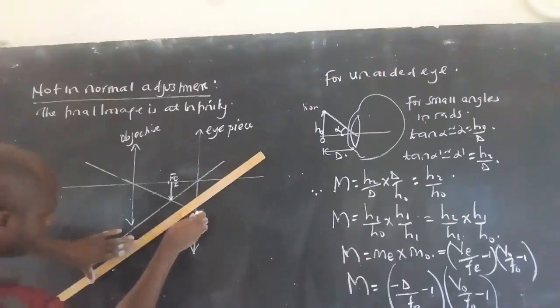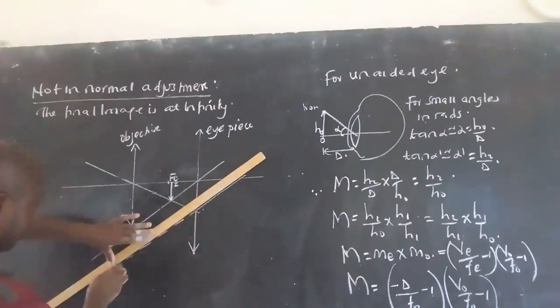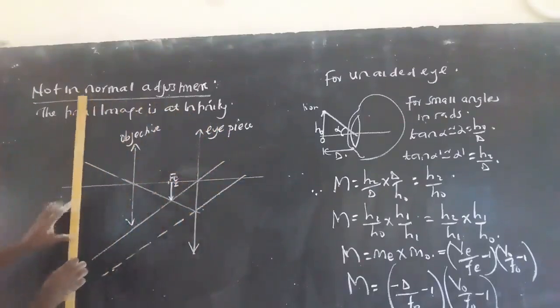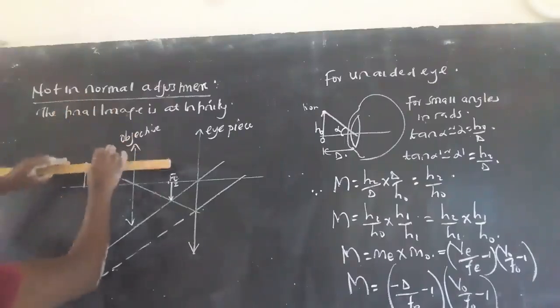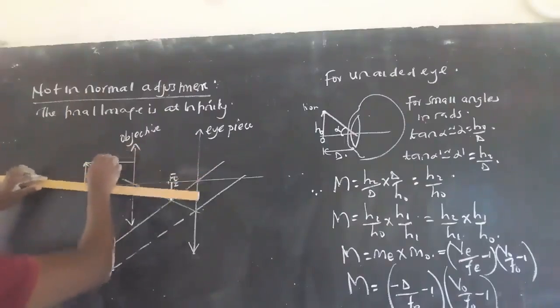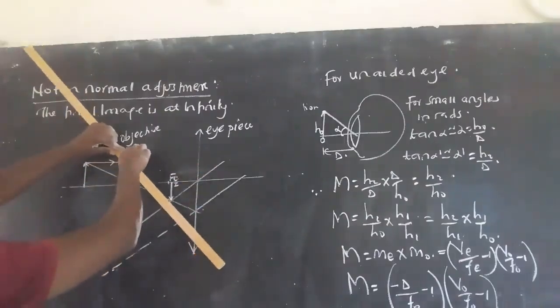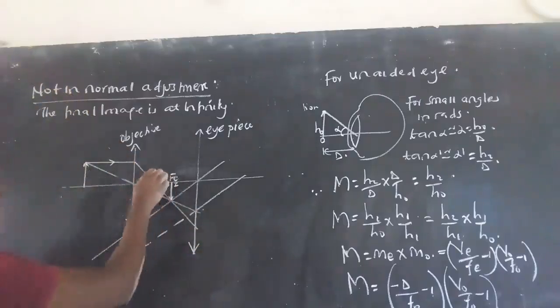They'll be refracted parallel to each other. Then we can complete the diagram. This. Then here we shall have that. Remember this one is F0.